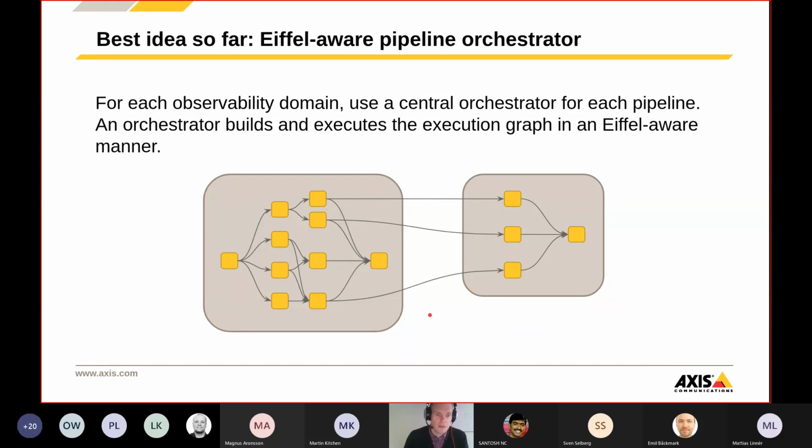So if this is a pipeline that builds and tests firmware products, and this would be maybe another organization doing some other kinds of tests, these would run under different observability domains, and a failure here wouldn't result in this pipeline failing, while a failure here would indeed result in a failure in this pipeline instance. That's our current idea.